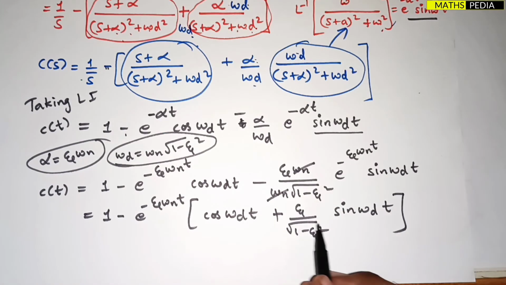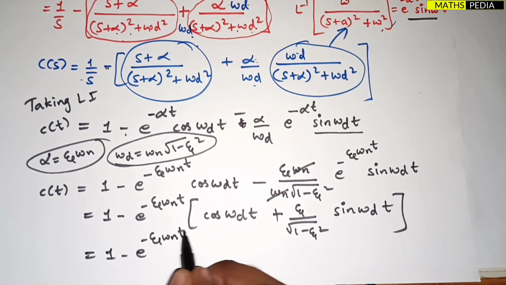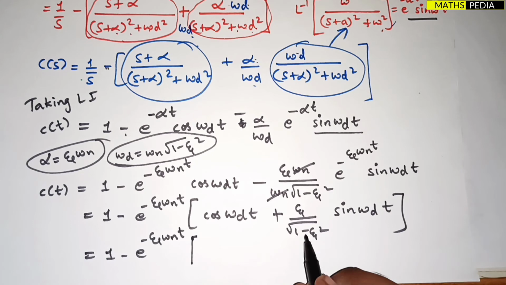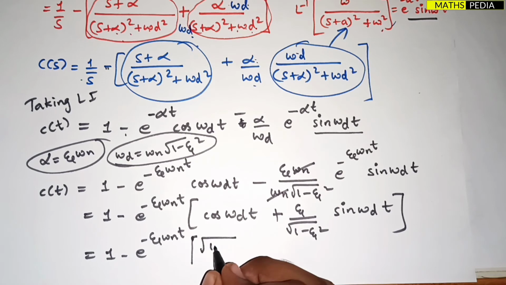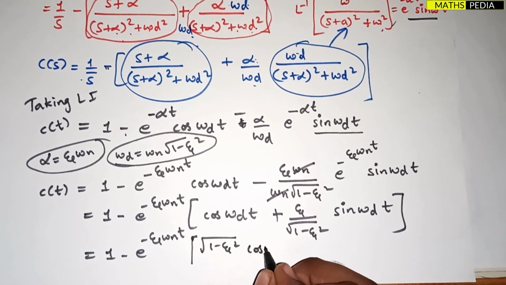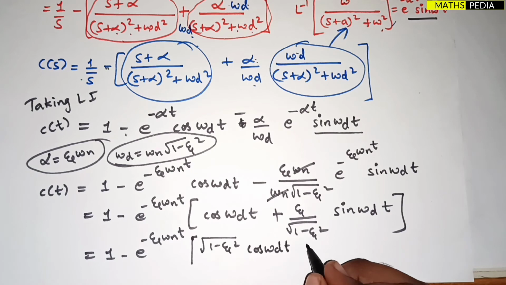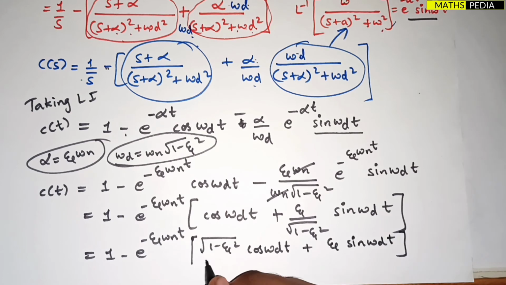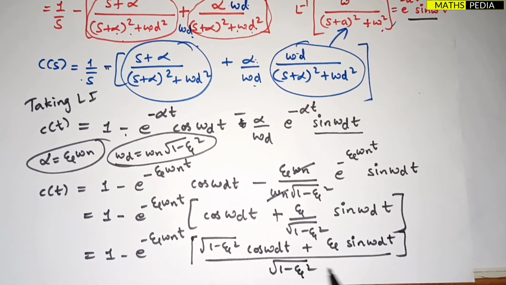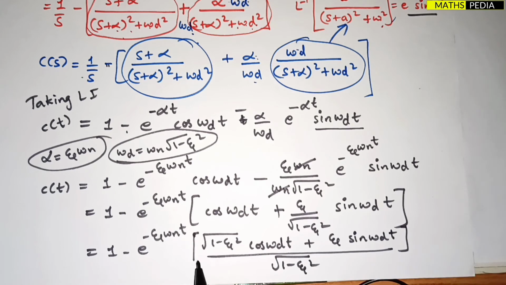now for simplification, I'll take the LCM here. Taking the LCM, 1 minus e power minus zeta omega n t, that means square root of 1 minus zeta square I have to multiply with this, correct? So square root of 1 minus zeta square into cos omega d t plus zeta sine omega d t, whole thing divided by square root of 1 minus zeta square. Okay, so I have taken just the LCM.